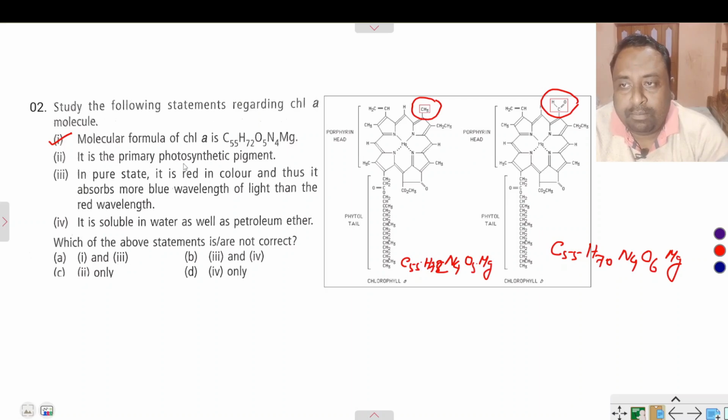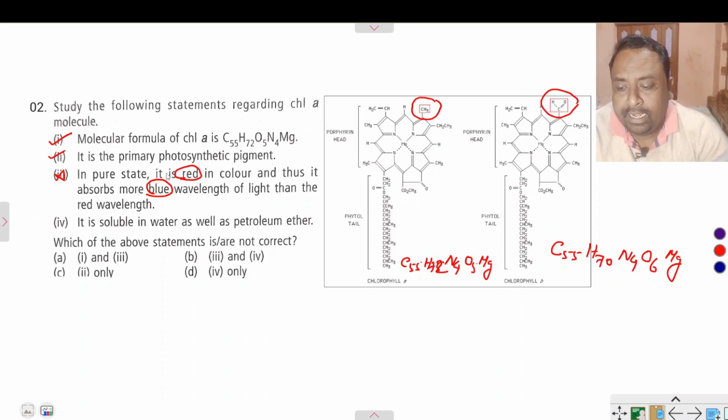Number 2, it is the primary photosynthetic pigment. This is also right. In pure state it is red in color and thus it absorbs more blue wavelength of light than the red wavelength. No, chlorophyll is not red in color, so this is a false option. It is soluble in water as well as petroleum ether.